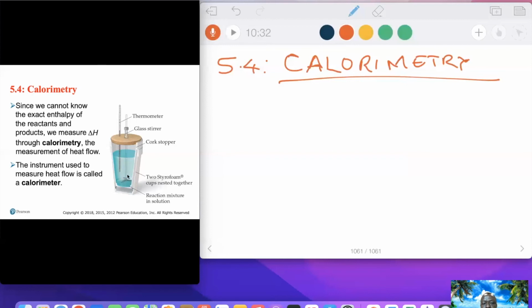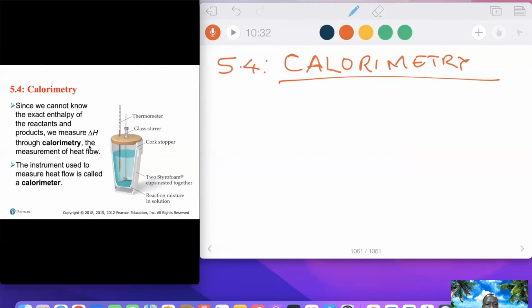If the reaction is exothermic, we expect the temperature to increase. Initial, final: final will be greater than initial for exothermic. We mix two reagents, giving away heat, and the temperature will rise. If we mix two reagents for an endothermic reaction, the temperature will come down. Understand how this works.